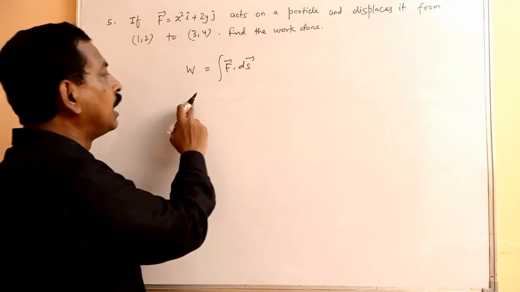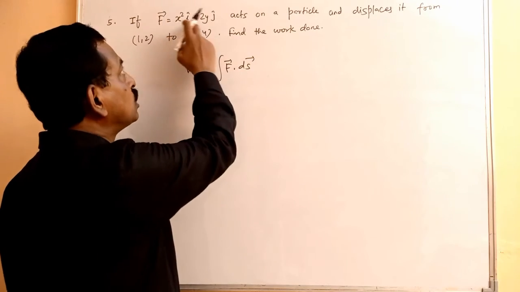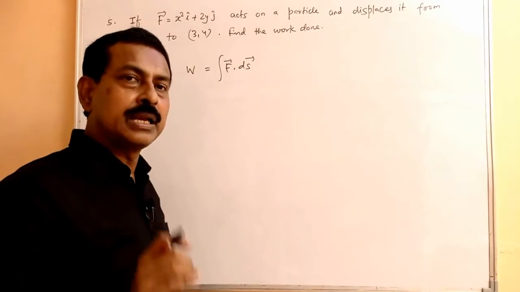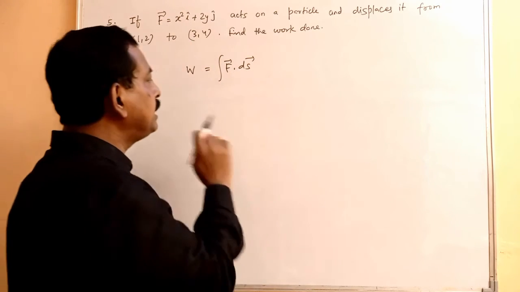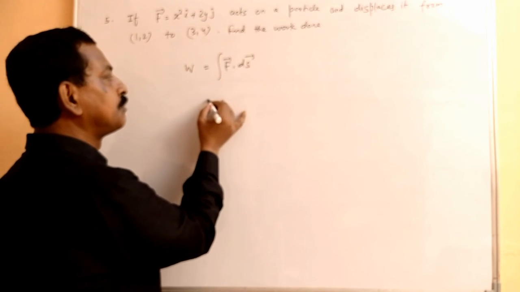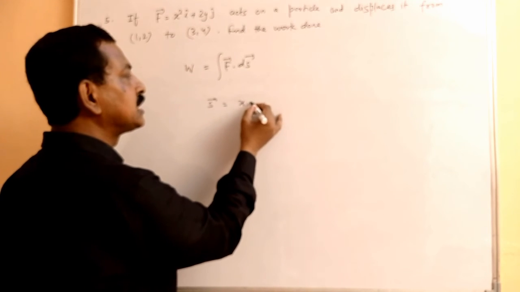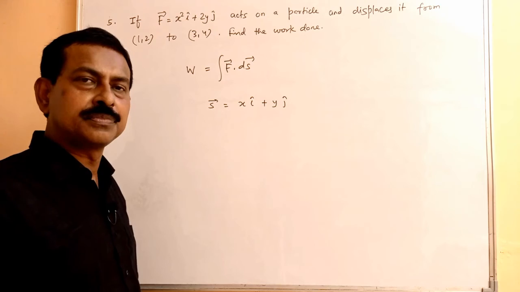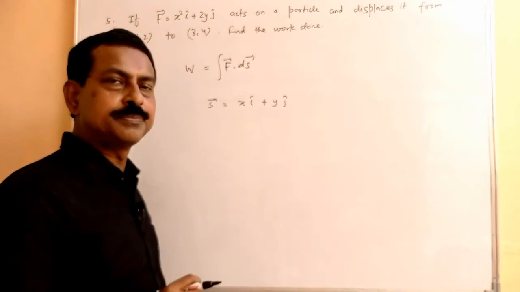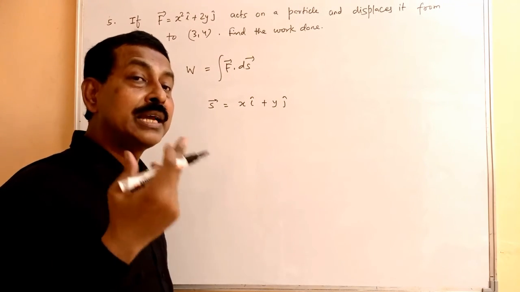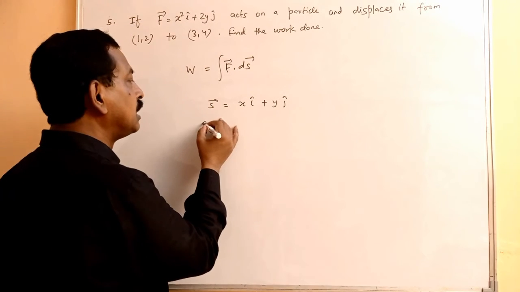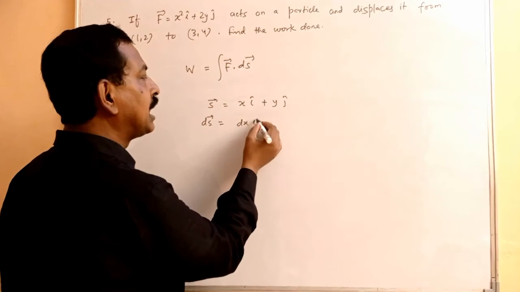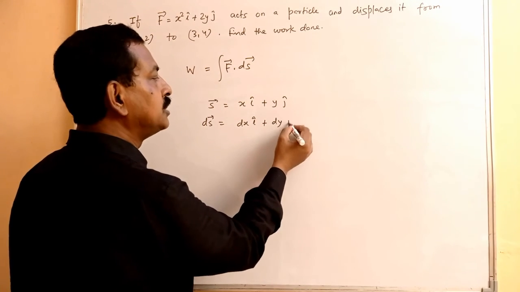So here what will we take for force? We have this expression, but what will we take for ds? See, suppose any displacement is given, which we take as xi plus yj. This is the displacement. If I have to find the elementary displacement, in that case ds vector will be dx i cap plus dy j cap.